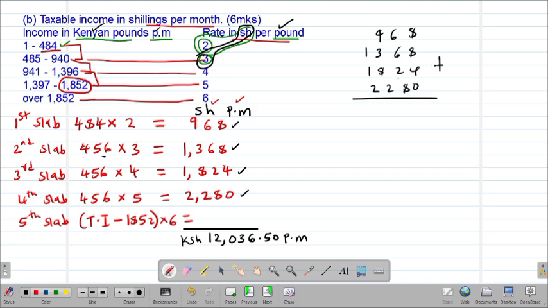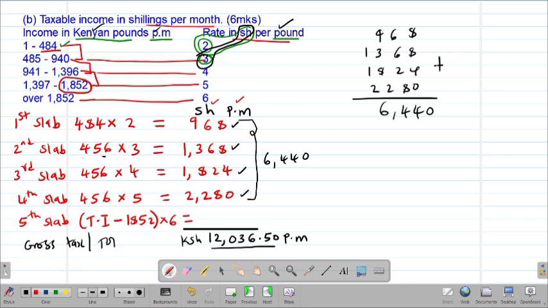Your calculator should give you 6,440 shillings. So this particular total, from here up to this point, is 6,440 shillings. So to get the remaining amount here, we are going to subtract the 6,440 from our total of 12,036 and 50 cents. Remember, this is what you are calling the gross tax, or the total tax.